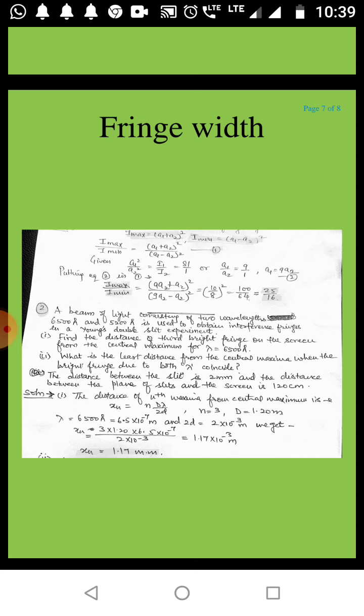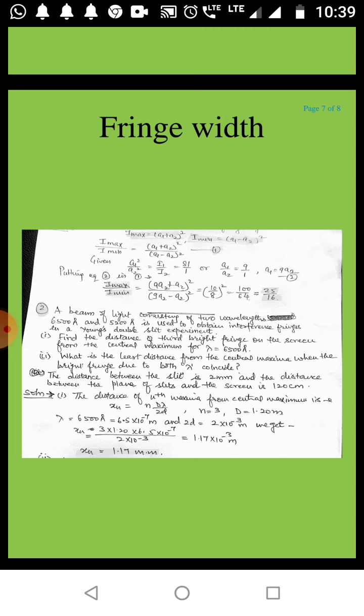Second, let the nth bright fringe of λ 6500 angstrom and the (n plus 1)th bright fringe of λ2, 5200 angstrom, coincide. Then x is equal to nDλ1 upon 2d is equal to (n plus 1) Dλ2 upon 2d.